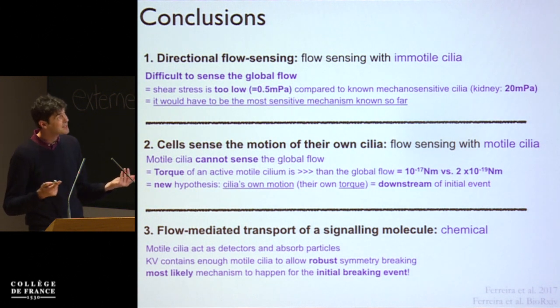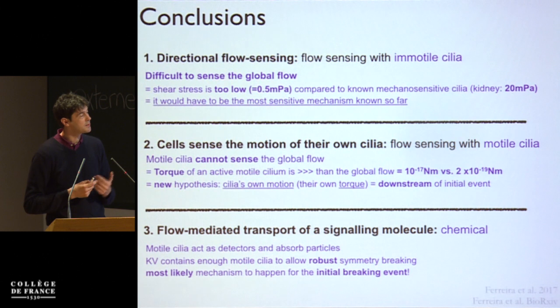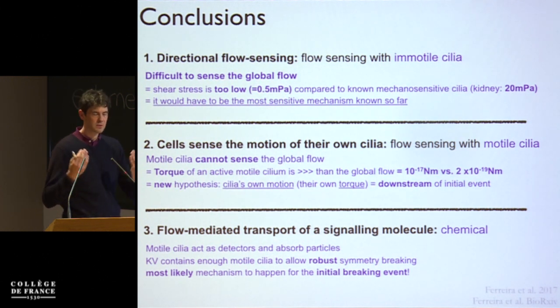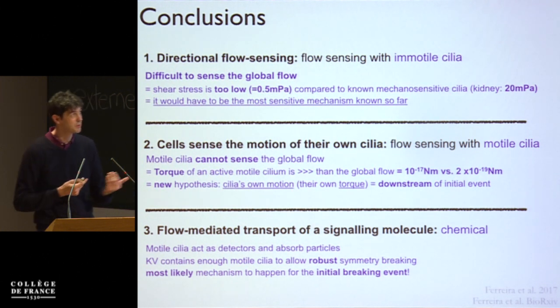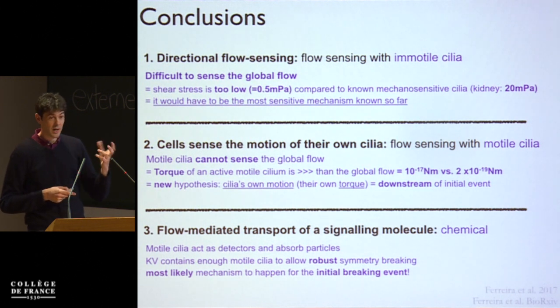Now, cells could sense their own cilia motion because we found that cilia are asymmetrical. Still, this asymmetry comes late in the system, so we suspect it would be downstream of an initial event, even though now we are pretty sure it's a chiral effect.